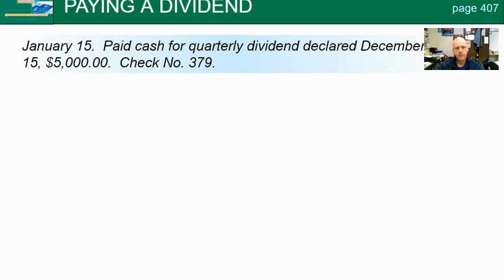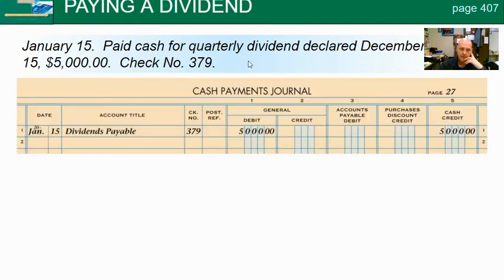So here we got January 15th, paid cash. Again, paid cash clues me in that I'm writing the check for the quarterly dividend that we declared back in December. We got to write a check for $5,000. So cash credit, that's fairly obvious because we're in the cash payment journal. This is Hoffman writing the check. So now we got to do the debit to what?